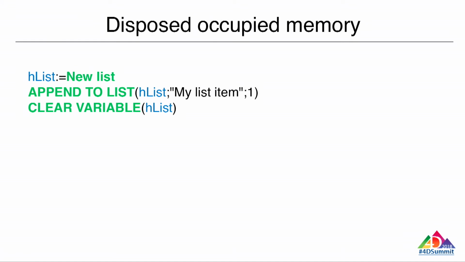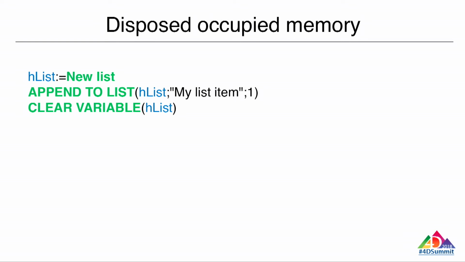How about lists? Let's say you create a list and append to it, and you think the best practice would be to clear the variable, because it looks like you're just taking that list and clearing it. But unfortunately, when you clear the variable, you're only clearing the reference. You're not clearing the location that you were actually storing.